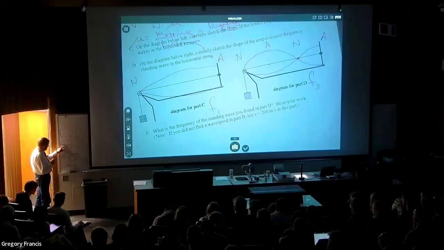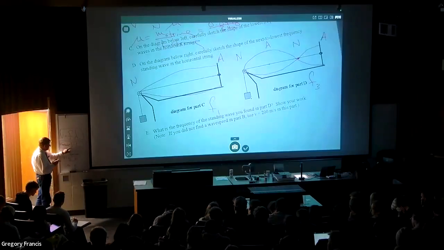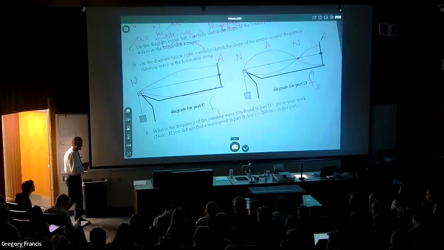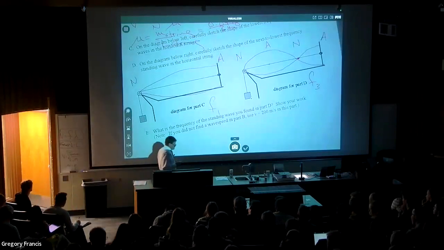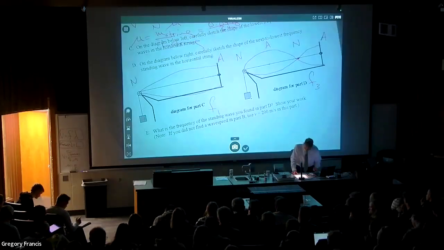The number of footballs times lambda over 2 is equal to the length of the system. Since each football is half a wavelength, I just add up how many footballs I have, and each one is half a wavelength. Let me show you how I use those two equations to solve this problem.